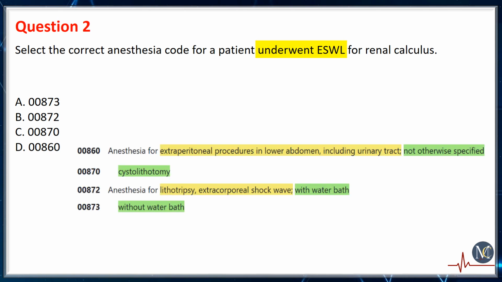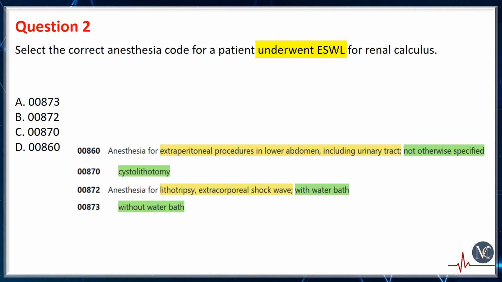We will eliminate the options on the basis of service code. The first code is 00860, anesthesia for extraperitoneal procedure in lower abdomen including urinary tract, not otherwise specified. Our next code is 00870, anesthesia for extraperitoneal procedure in lower abdomen including urinary tract, cystolithotomy.